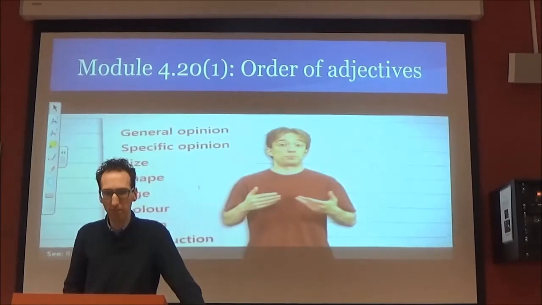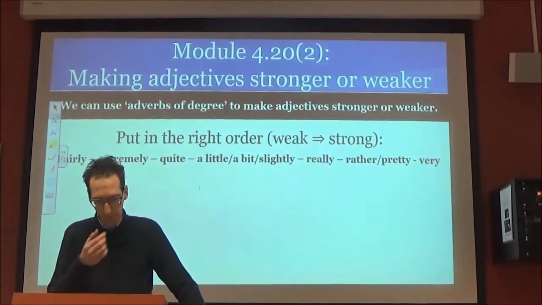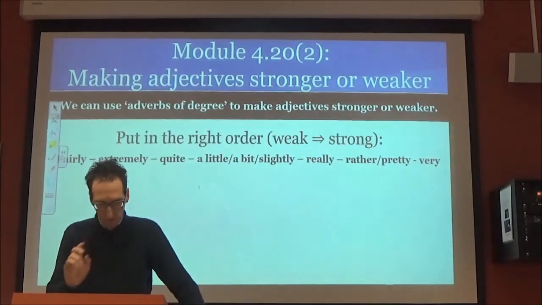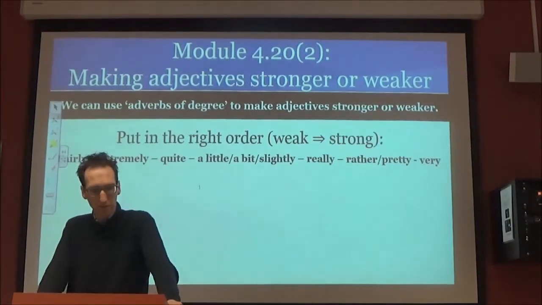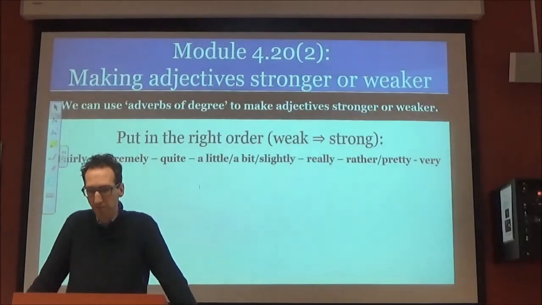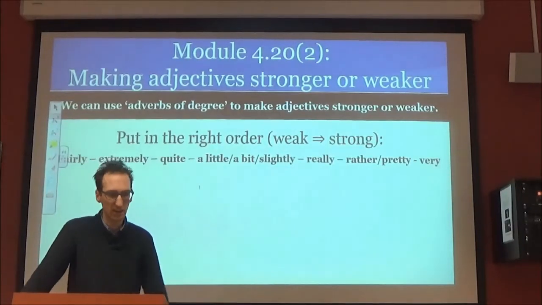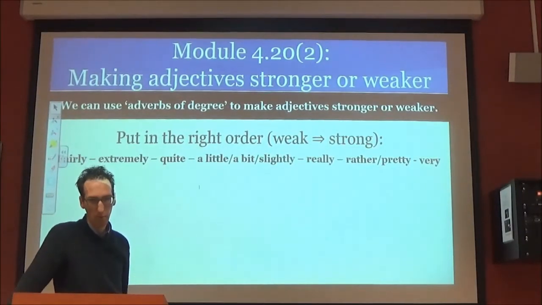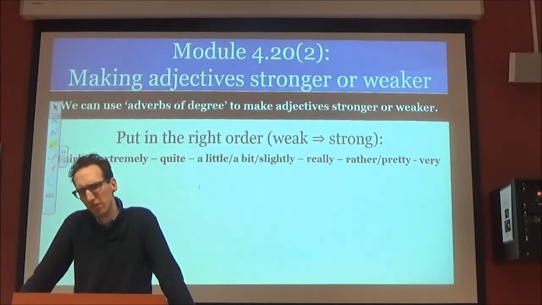Right. Having said that, here's an exercise. We can use adverbs of degree to make adjectives stronger or weaker. Right? You can say a big balloon, you can also say a very big balloon.